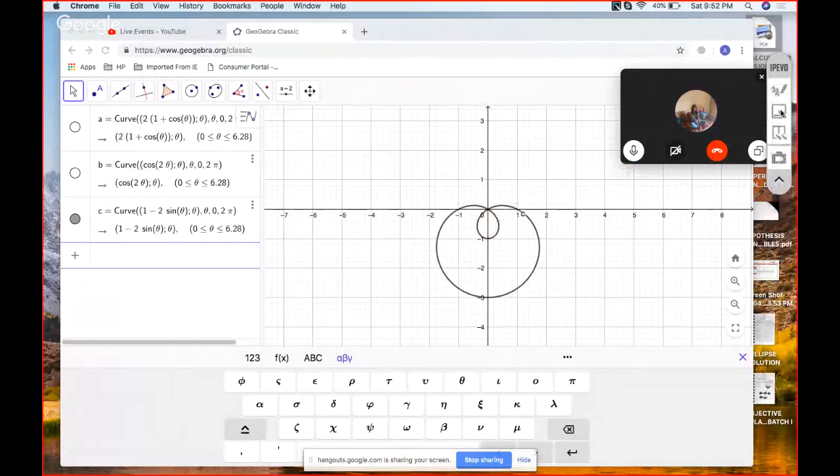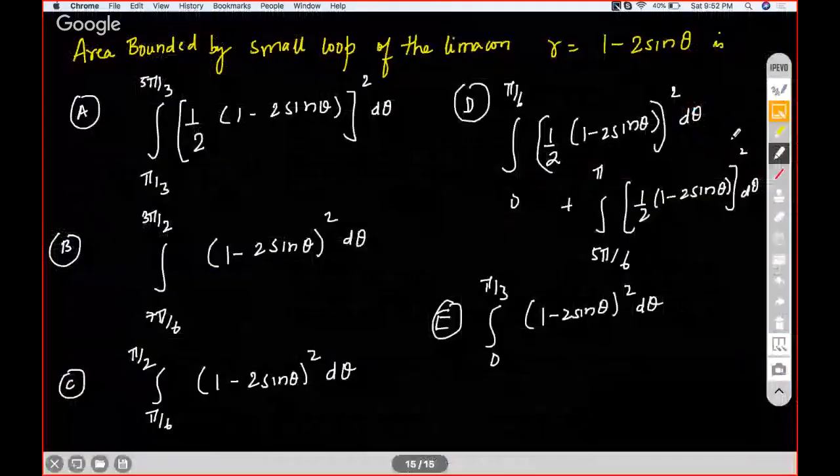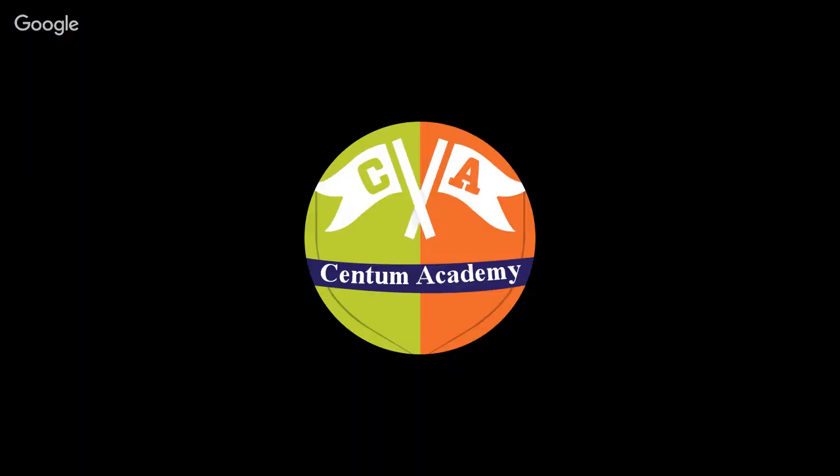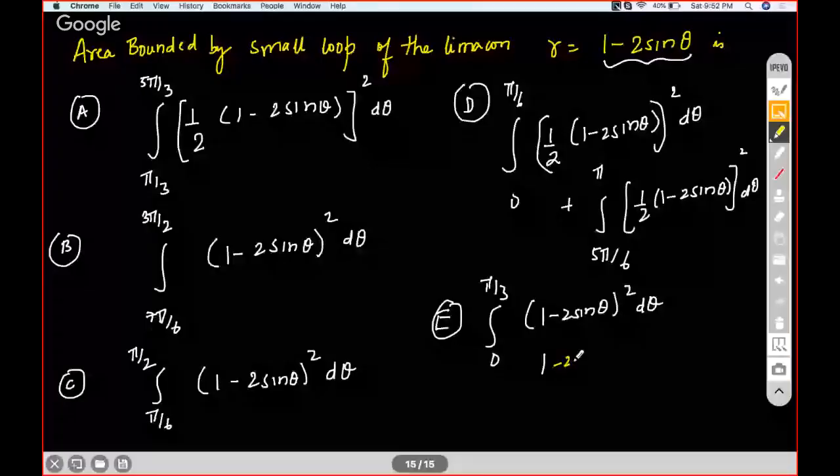When will this term be negative? When 2 sine theta is greater than 1. So 1 minus 2 sine theta equal to 0 will be the critical value. That means sine theta is half will be your critical value. So at pi by 6 will be the critical value, right?